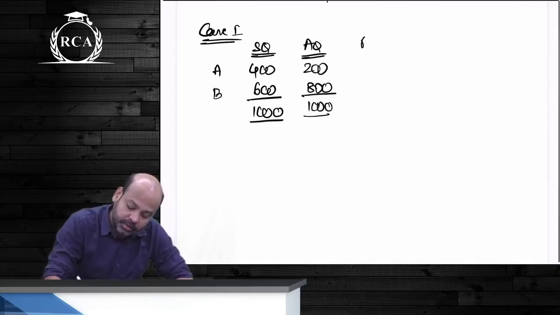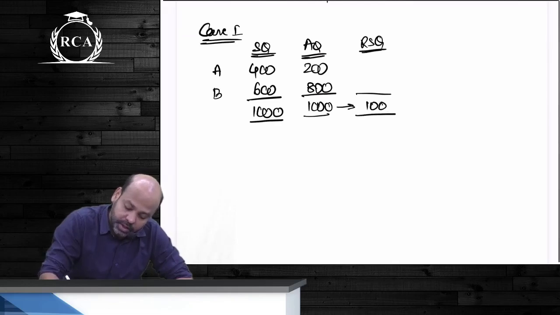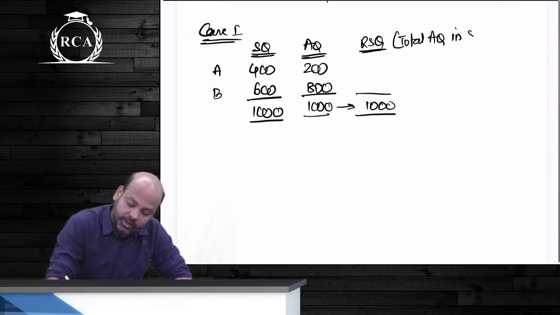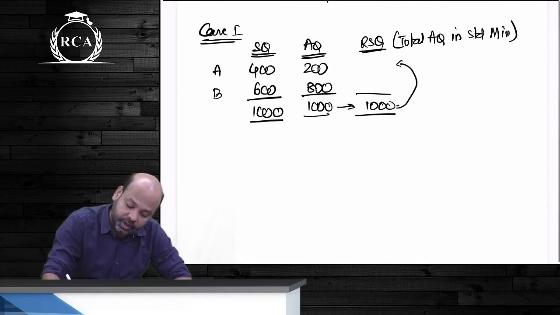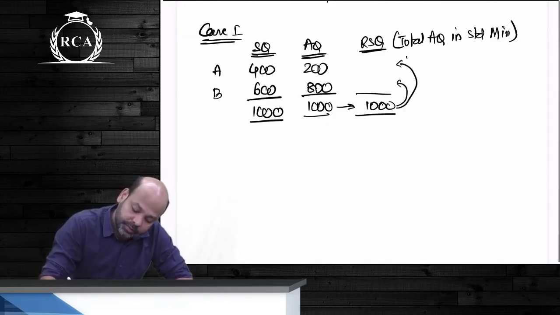One second, beta. Listen. Now when I introduce RSQ, guys, it is total actual quantity, and what is the total actual quantity? 1000. This 1000 kgs, guys, if I take in 40-60, 40% and 60%, how much will that become?